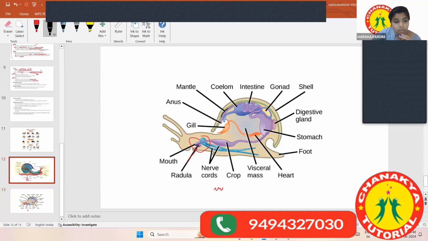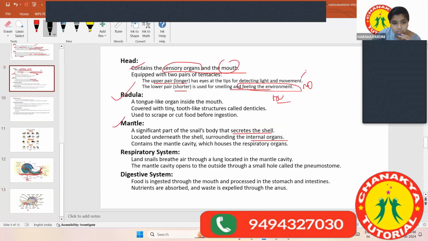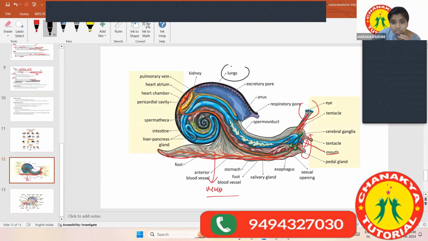In this picture, what they have told about the mantle is that it is located underneath the shell, surrounded by the internal organs, and contains the cavity which houses the respiratory organs. So in this picture, the lung is a respiratory organ. Where is the lung? So obviously, where is the mantle? The mantle will be here, somewhat in this area maybe.